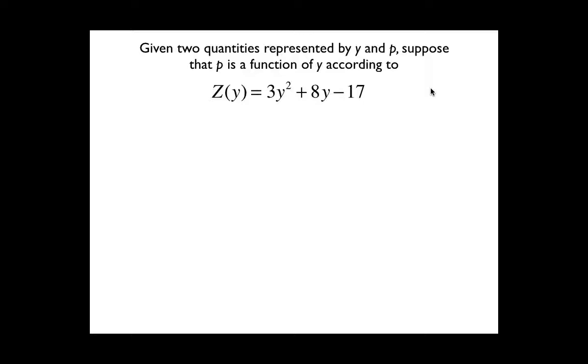The function relationship is called z. The relationship between y and p, apparently, is z. So I plug in values for y, I get out values of p, and z is the name of the mechanism that does that converting from y's to p's. So it doesn't have to be x's and y's all the time.